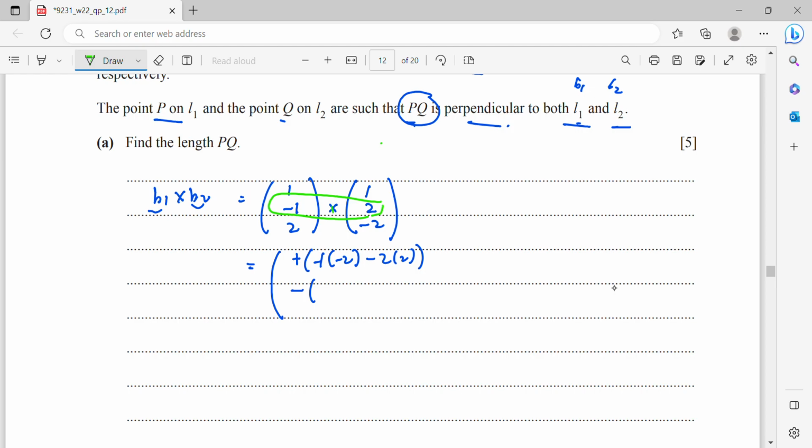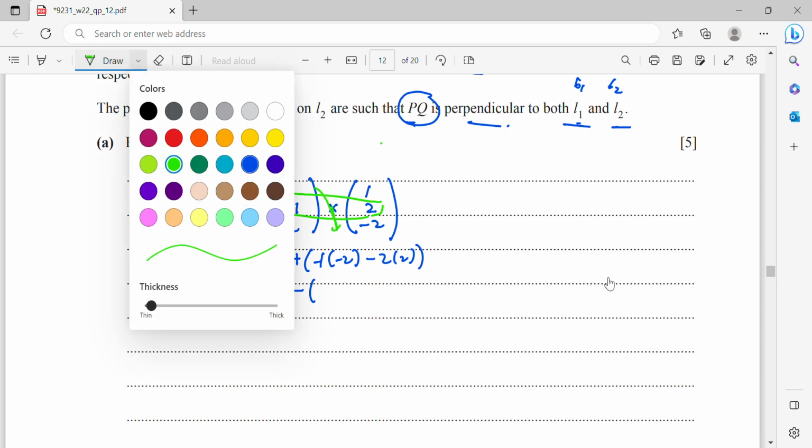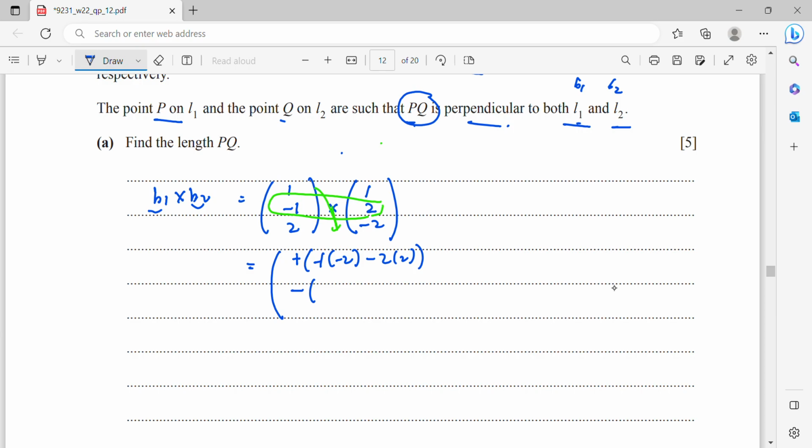Again, we do cross multiplication. The sign for the second row is minus. So 1 times minus 2 minus 2 times 1. Lastly, we cover the third row.